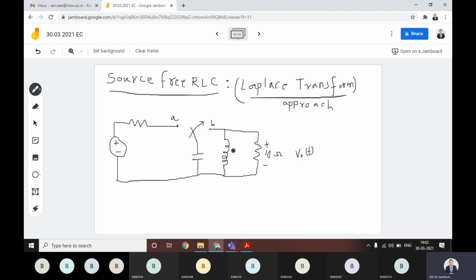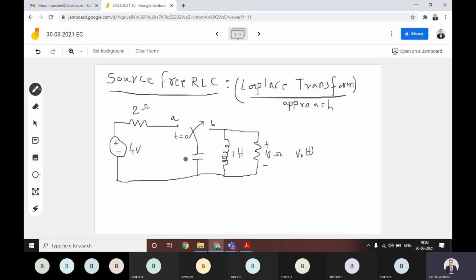The inductor value is 1 Henry. Then at t is equal to 0, this is operating. Then you have 2 ohm, and this one is 4 ohms.